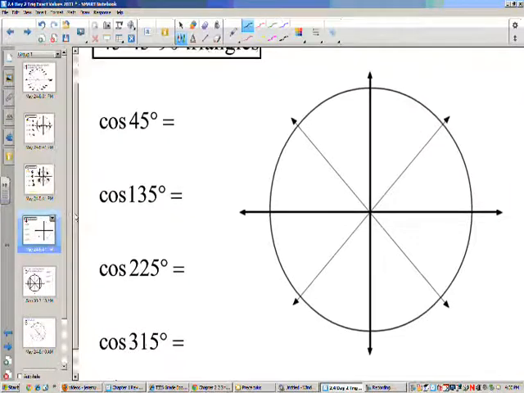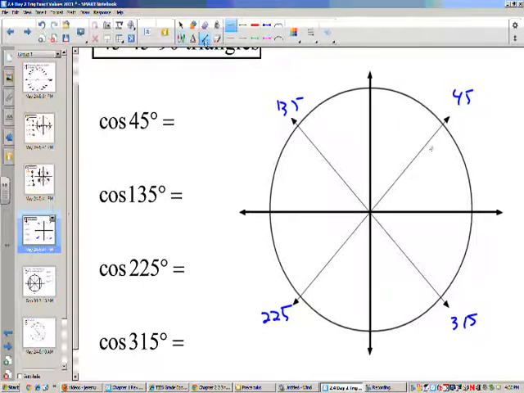Now let's look at cosine and the 45 degree angles. So if we have 45, 135, 225, and 315. At 45 degrees, it's going to be 1, 1, 1 times the square root of 2.